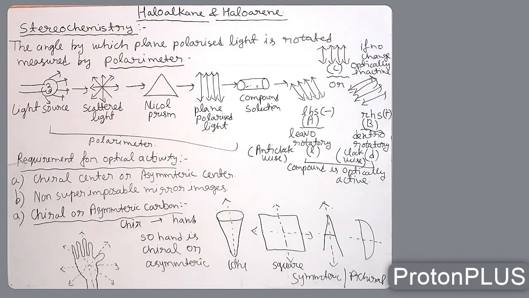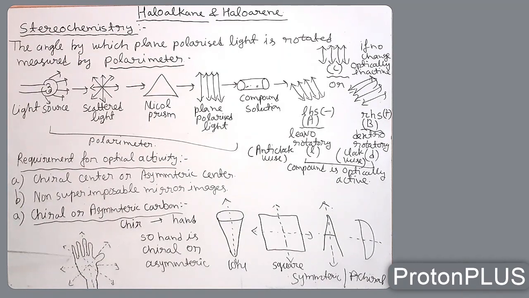The requirements for optical activity are: first, there should be a chiral center or asymmetric center. Second, there should be non-superimposable mirror images. First, we will take the chiral or asymmetric carbon. The word chiral is derived from chir, which is related to hand.